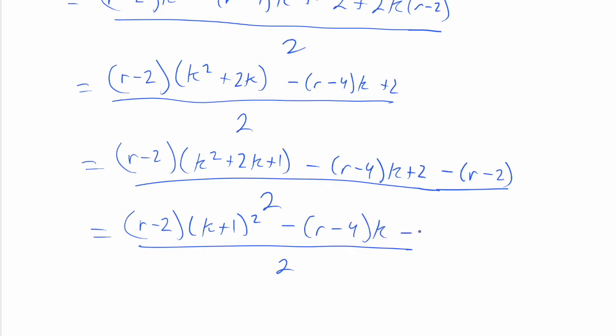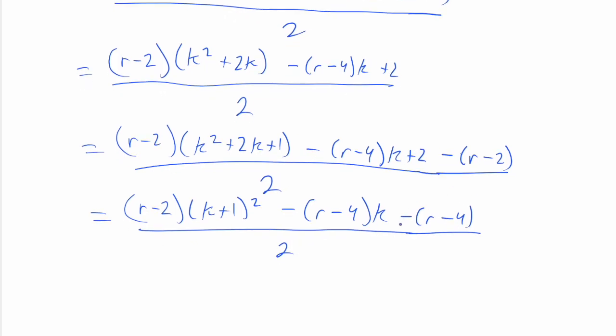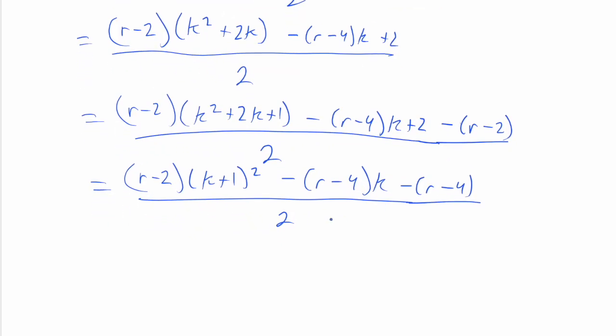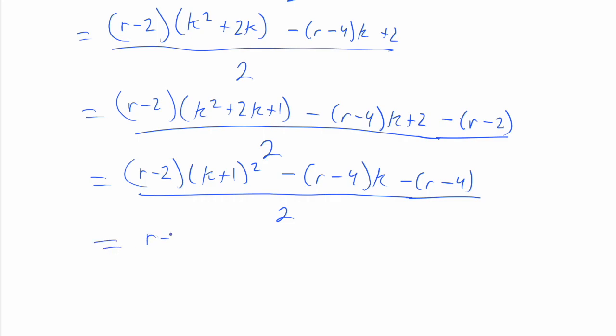That's going to be the same as minus r minus 4, because negative 4 becomes positive 4, which is what we have here. We have 2 minus 2 plus 2, which is 4, so these are the same. I just grouped it into a bracket. And then we can factor out r minus 4 from those two terms.